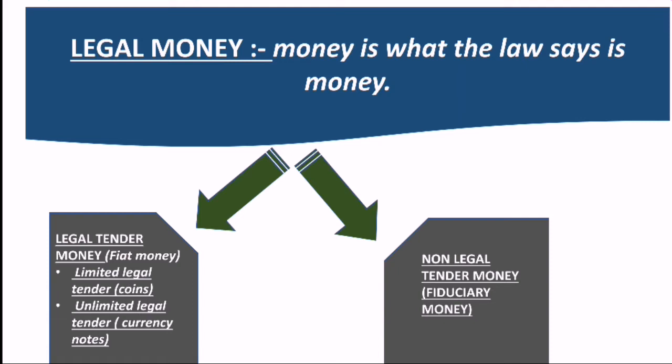Limited legal tender is coins, because you can spend coins only up to a limit, right? So if there is a 1 marker asking what is limited legal tender, then you have to write coin. Why is it a limited legal tender? Because you can make a payment in coin only up to a certain limit.